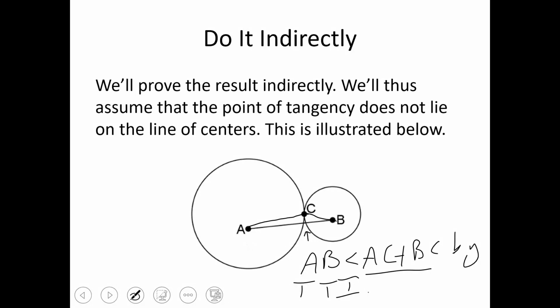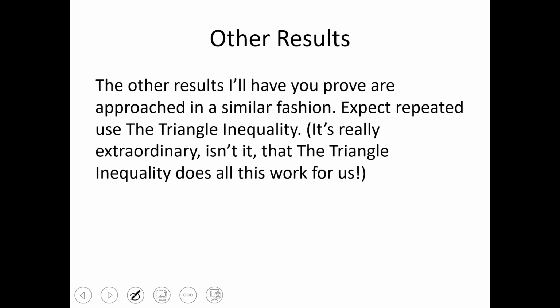So the line through the centers has to pass through the point of tangency. And as for the other results that I'll have you prove, they're approached in a similar fashion. Expect to use the triangle inequality throughout. And I really do find this extraordinary. Not merely that results about triangles get used repeatedly here in this initial study of circles, optimization with circles, but it's the triangle inequality in particular that gets used again and again and again.